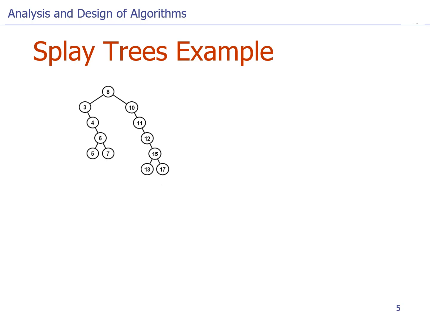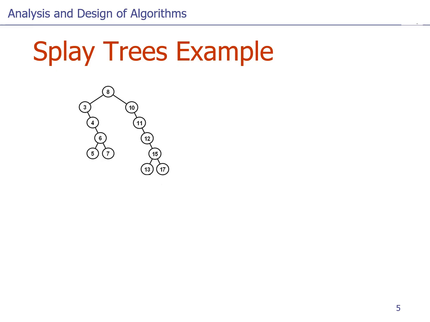The 10 is greater than the 8, 11 is greater than the 10, so it's placed to its right, 12 is greater than the 11, so it's placed to its right, 13 is less than 15, so it's placed to its left, but it's right of 12, and so on for the rest of the tree. Now, the interesting thing about splay trees is not finding a value, because you will proceed the same way you have learned with binary search trees.